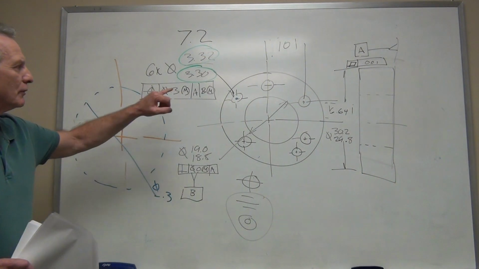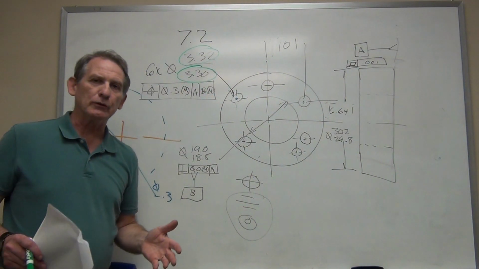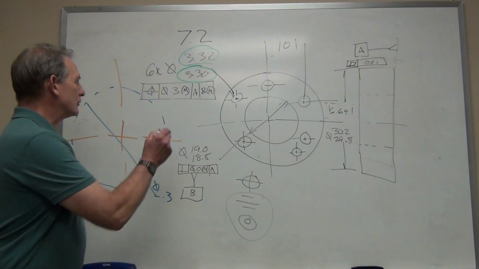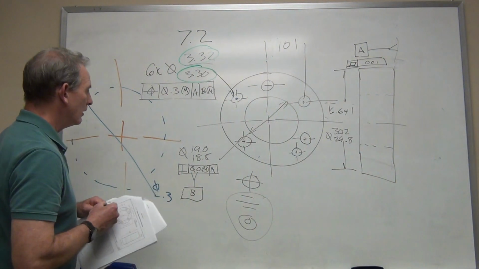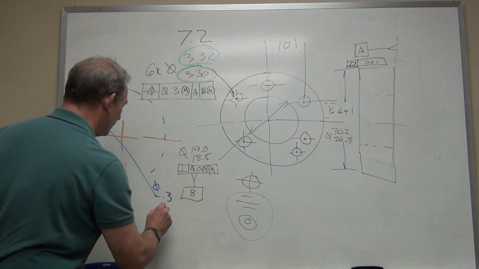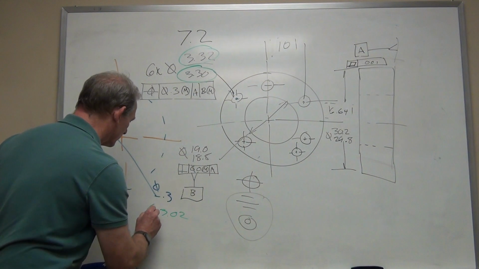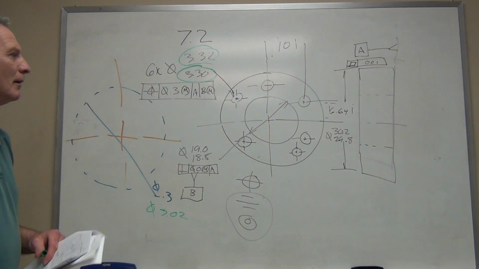Maximum material condition of the feature, maximum material condition of the datum, you get no additional tolerance. If you start drilling this up and you make that hole 3.32, we end up with a 3.02 diameter tolerance zone. But we're not done.